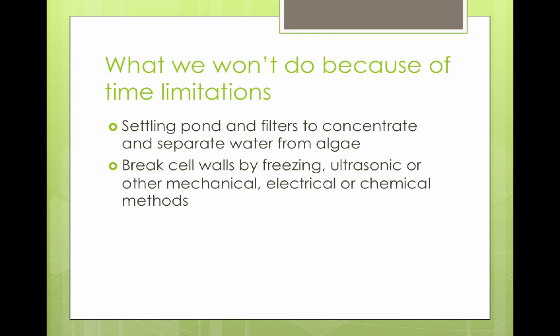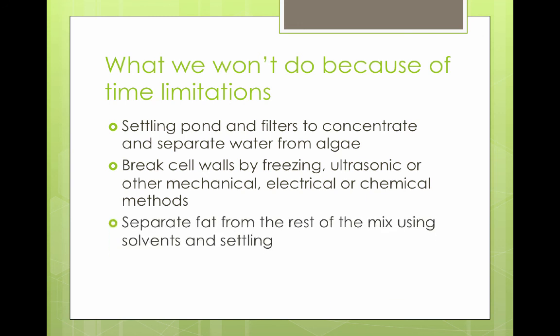Those processes are often done in many different ways. We could freeze it, we could blast it with ultrasonic waves, or use other mechanical ways of breaking it. It can also be done by electrical energy, or adding chemicals to the algae can break the cell walls. And we won't be separating the fat from the resulting mixture after we've broken the cell walls.